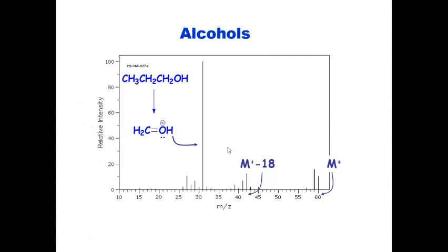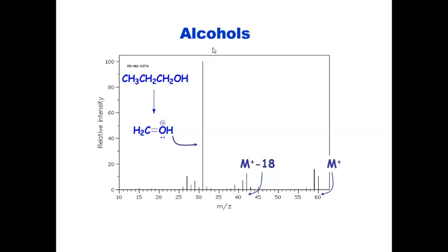Like in IR spectroscopy, where we determine the functional group based on the bands, similarly in mass spectrometry, how can we decide the presence of a compound?